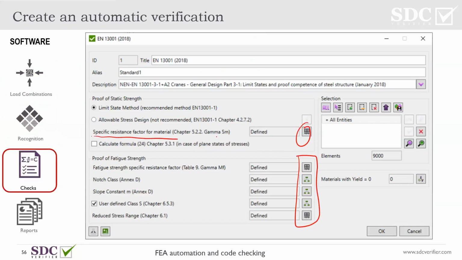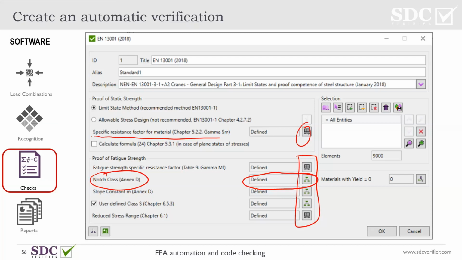So specific resistance factor, just to make sure that accessibility is allowed or not, right? The notch classes, which are done also automatically, I showed that, but you need to fill in values for the welded and the non-welded parts, because it can be that, for example, you did modifications or you would like to treat it differently because you simply do not agree with it, so this is also customizable.